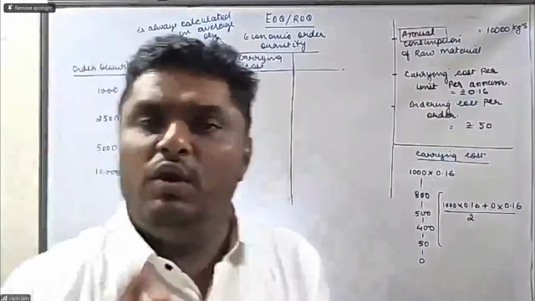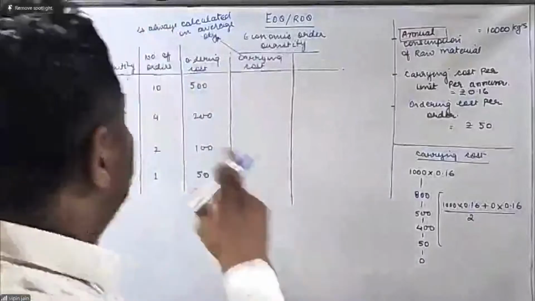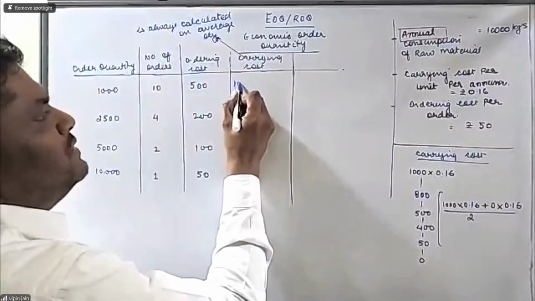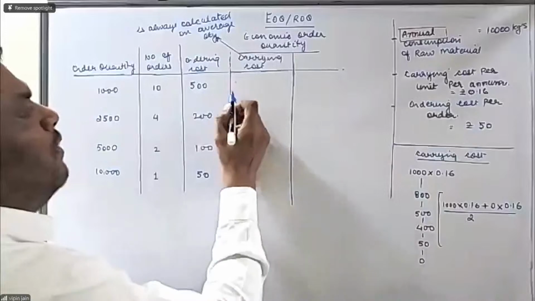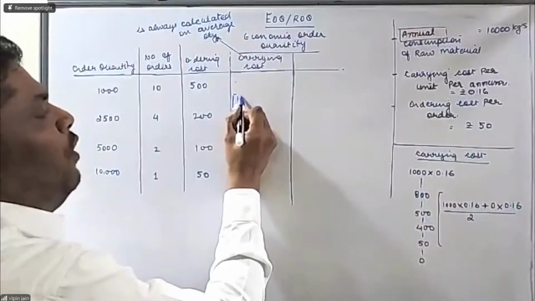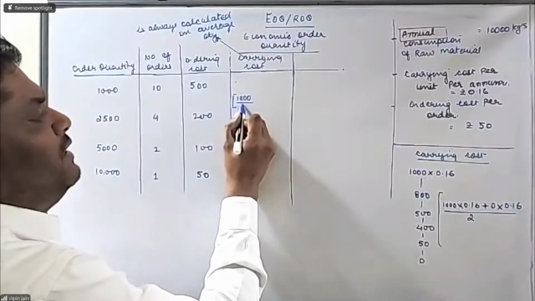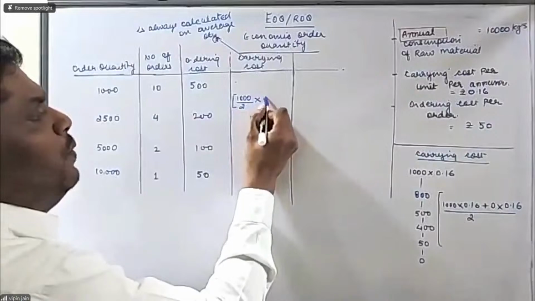1,000 plus 0. Whether you write 0 or not is the same thing. So my order quantity is 1,000. My order quantity is 1,000 plus 0 divided by 2 into 0.16.